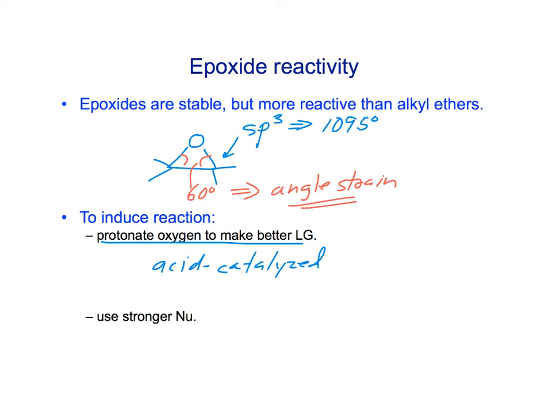The other approach is simply to use a stronger nucleophile. Because there's no acidic proton on the oxygen anymore, we can increase the nucleophilicity and use a basic nucleophile. All right, so we have two different approaches. We could use acidic conditions, or we can use basic conditions.